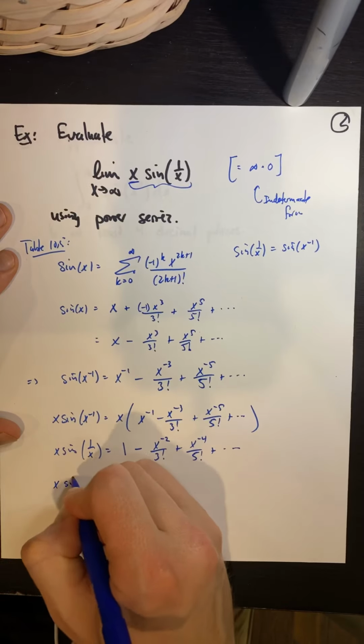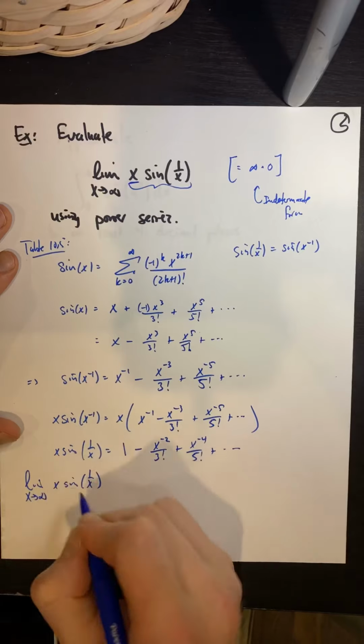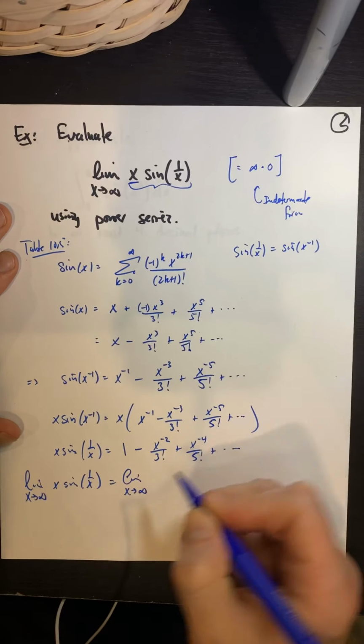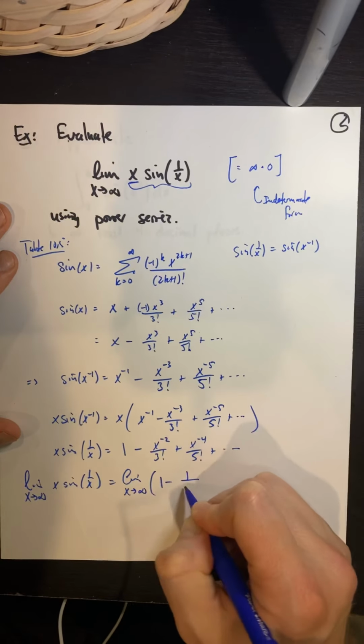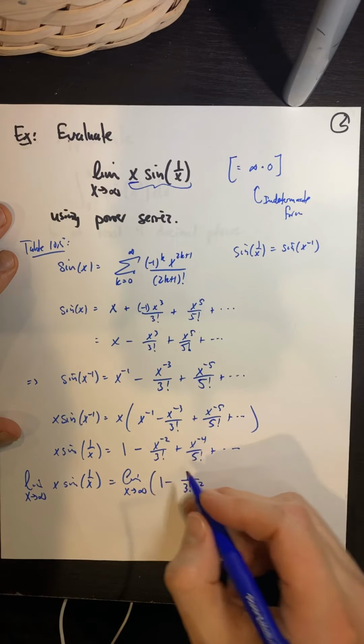And so one last step, if I want to do the limit as x goes to infinity of this expression, notice that this would be the limit as x goes to infinity of this infinite polynomial here, which would be 1 minus 1 over 3 factorial x squared. So I'll put the x down in the bottom here, the x squared and the x to the 4th.